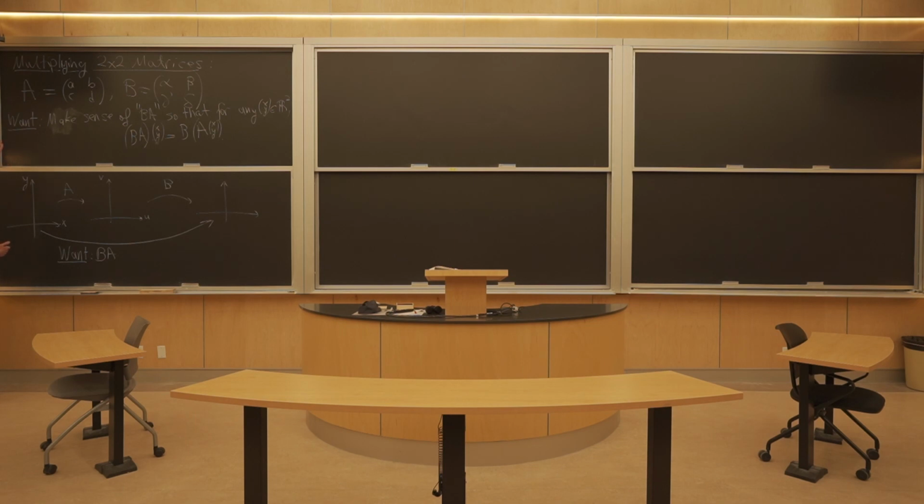So I have an A, a 2 by 2 matrix, and a B, another arbitrary 2 by 2 matrix. Entries of A are a, b, c, d, and entries of B are alpha, beta, gamma, and delta. I would like to make sense of this expression, BA, B times A, so that for any input vector xy, I have this equation.